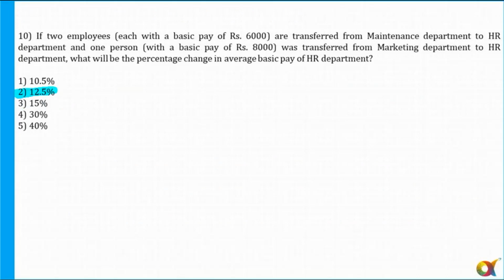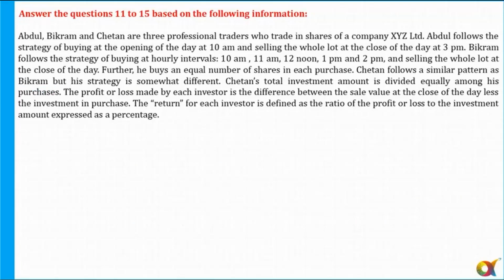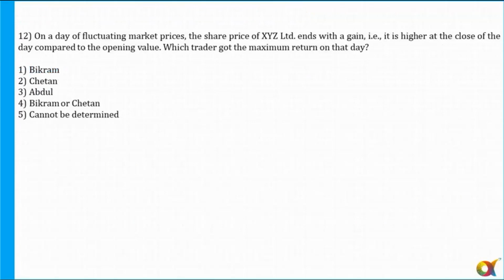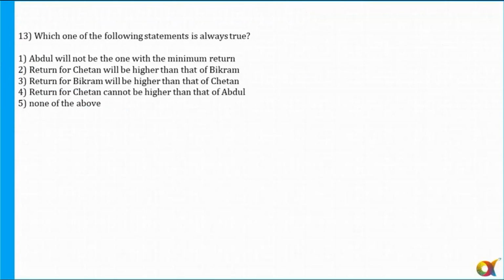Let's move to question number 11. A very, very difficult set, question number 11 to 15. I'll say one of the most difficult sets in the history of the CAT. Question number 11, the answer is option 1. Question number 12, the answer is option number 5. Question number 13, the answer is again option 5.